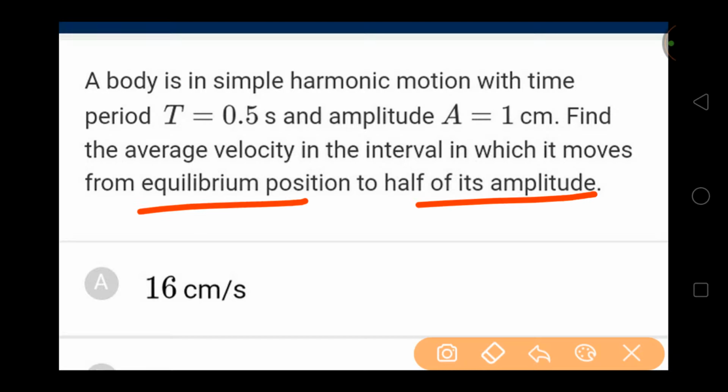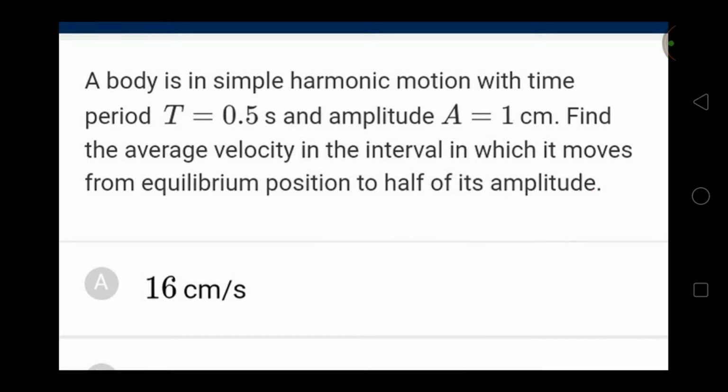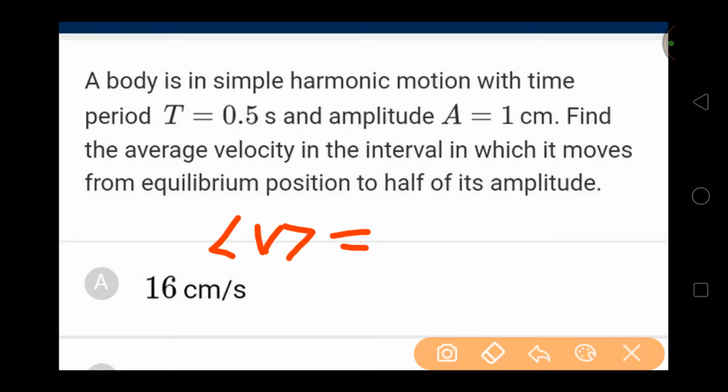So I have explained in detail in the concept strengthening sheet, do watch the previous video. So from mean position to extreme, for half of its amplitude is a by 2 and this is a, and for this the time is t by 12 and for this the time is t by 6. So t by 12 is the required time. So average velocity is equal to total displacement a by 2 by total time taken t by 12.